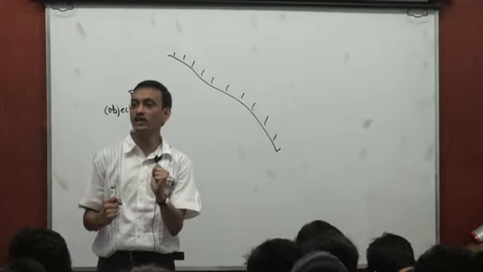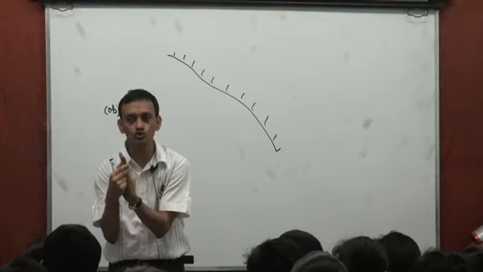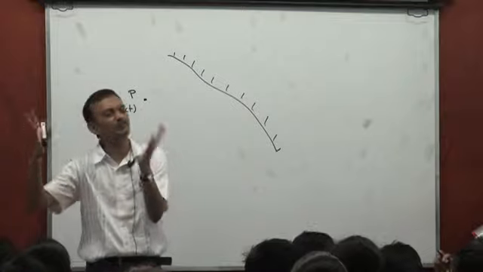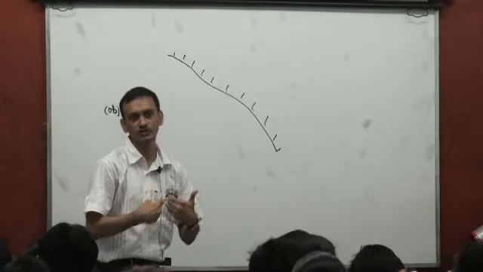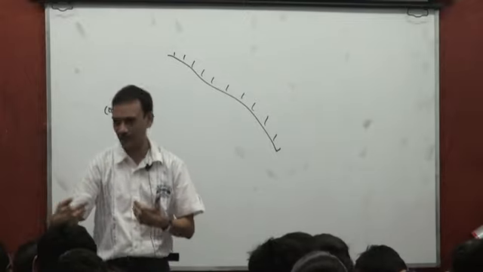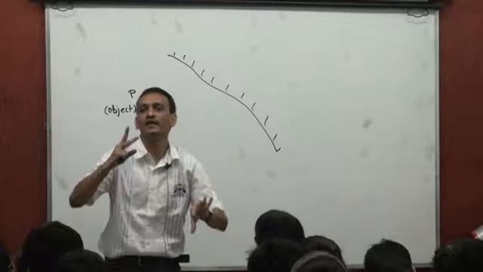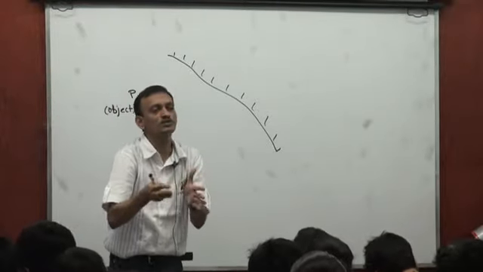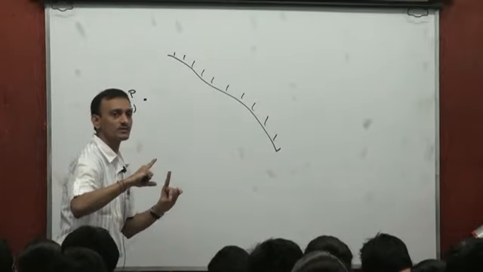To constitute the image of a point object, you would have to look at two incident rays, and the corresponding reflected or refracted rays, as the case may be, right? An image could be formed because of reflection, or it could be formed because of refraction. So, to constitute the image of P, any two incident rays, and therefore the corresponding reflected or refracted rays would suffice, right? Any two incident rays.